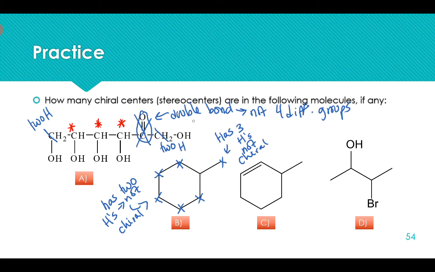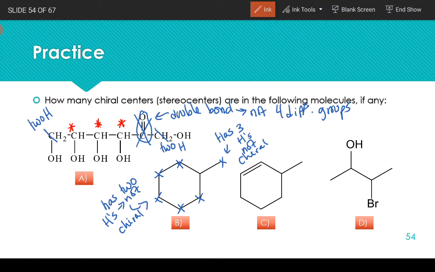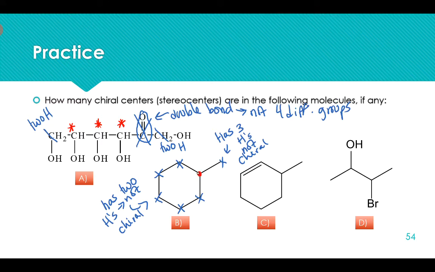So the only thing left to look at is where we see 3 lines intersecting. And so we can see that we have 1, 2, 3, 4.